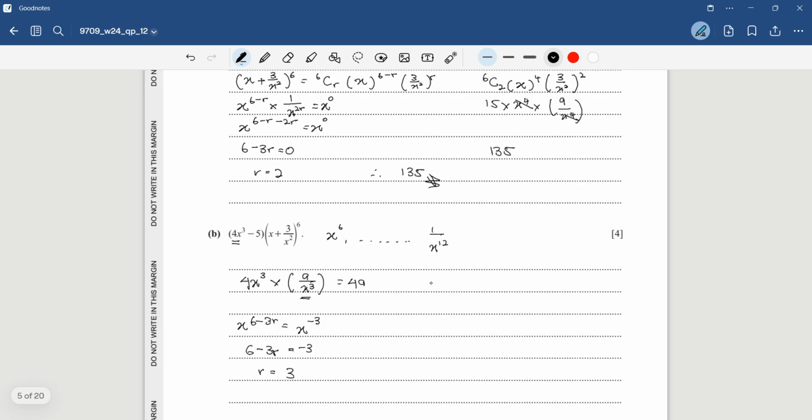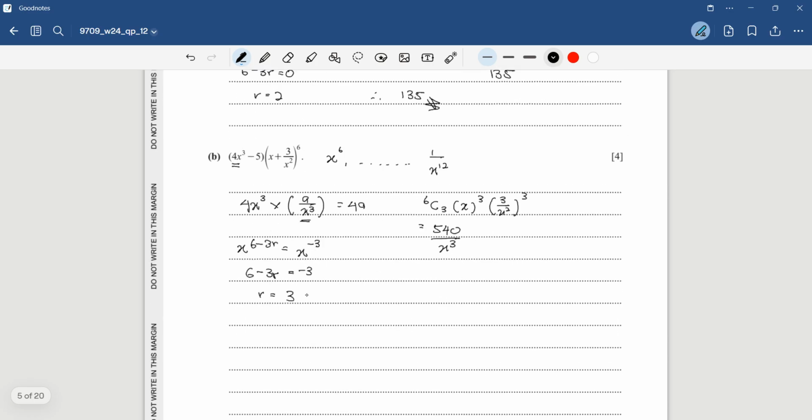So it's going to be 6c3 x power of 3 times 3 over x squared, power of 3. So it will be 540 over x power of 3.